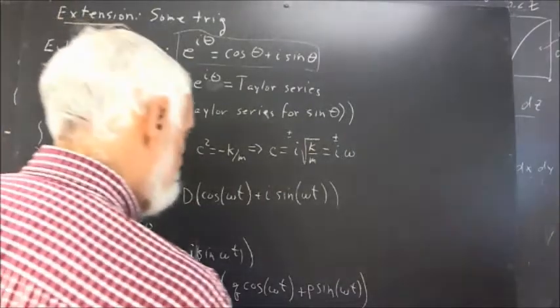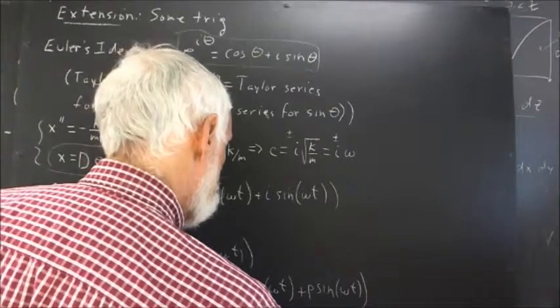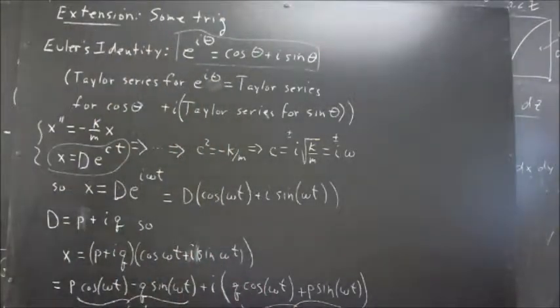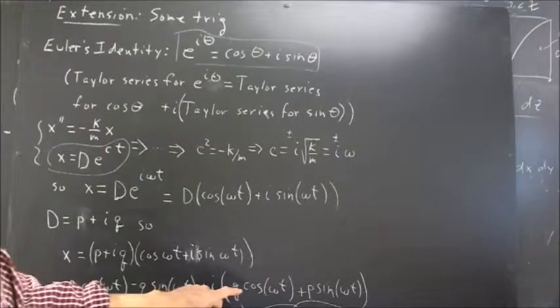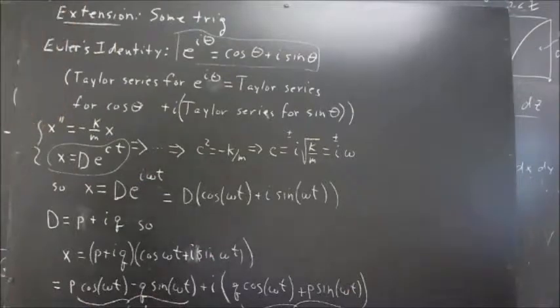And this imaginary part is a solution to the equation. P and Q can be any numbers, so that what we have here is p cosine omega t minus q sine omega t being a solution, and q cosine omega t plus p sine omega t being a solution.